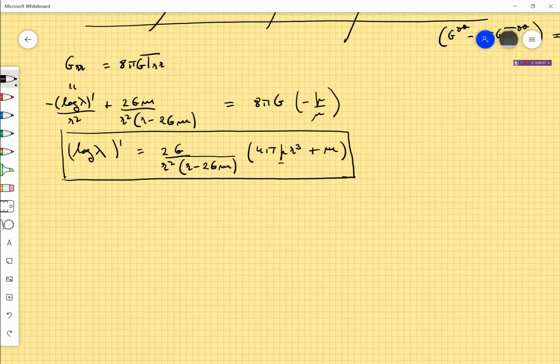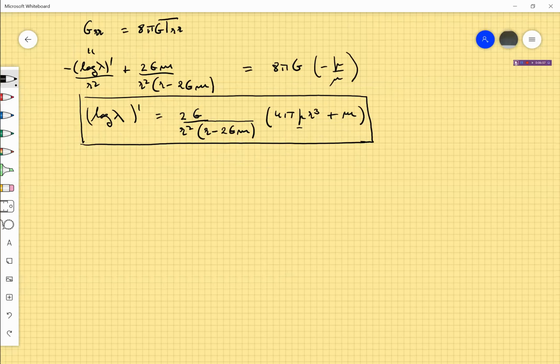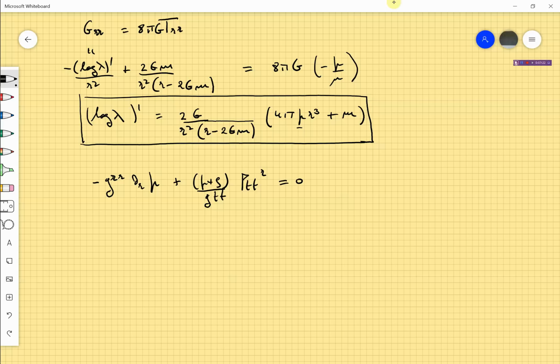The R component is minus g^{rr}, but then j has to be r as well, then ∂_r p plus (p + ρ) divided by g_tt, Γ^t_tr, equals 0.